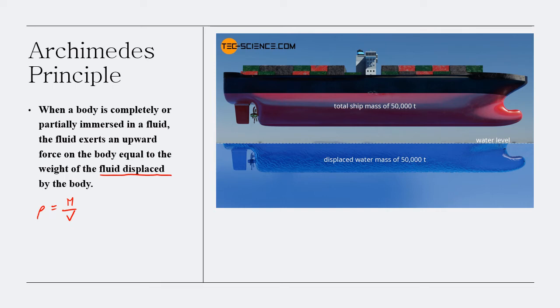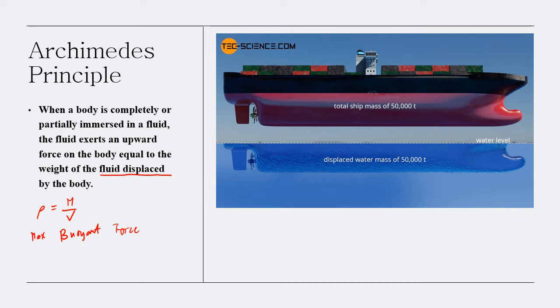So now let's define terms. So we can define maximum buoyant force. We've defined earlier the buoyant force. This is the upward force, right? Upward force that is caused because of the pressure difference. So we have maximum buoyant force.